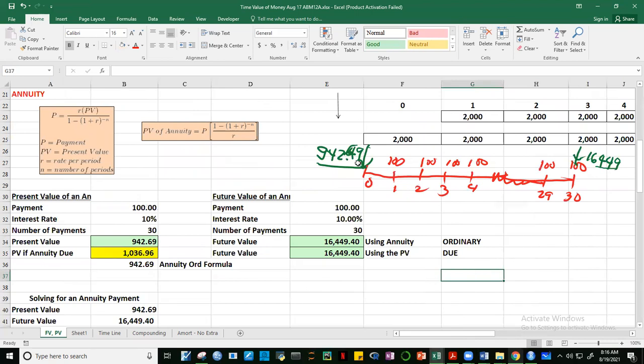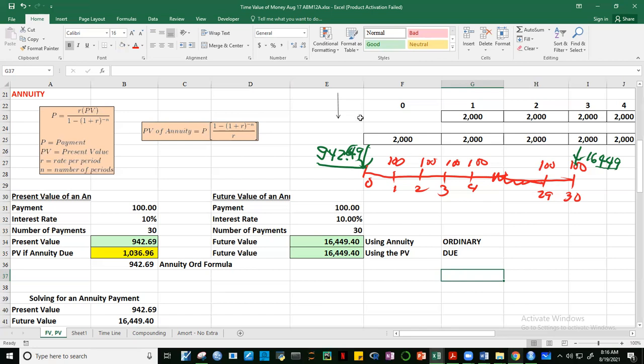Yung 942.69 ngayon, or 100 for the next 30 years, or 16,449 in 30 years time, assuming 10% yung interest. Answer is, we're indifferent to any of this. Ibig sabihin, kahit ano dyan. Kasi pare-pareho lang naman yung equivalent amounts na yan. Okay? So these are your equivalent amounts.